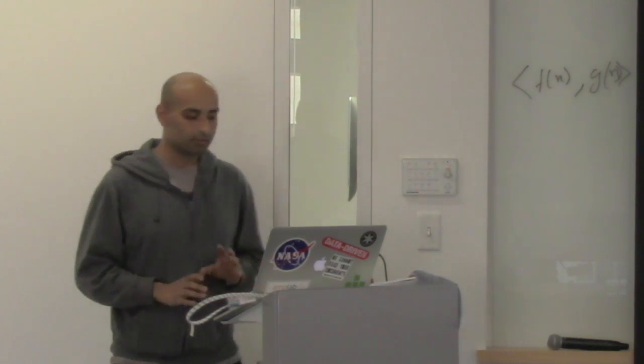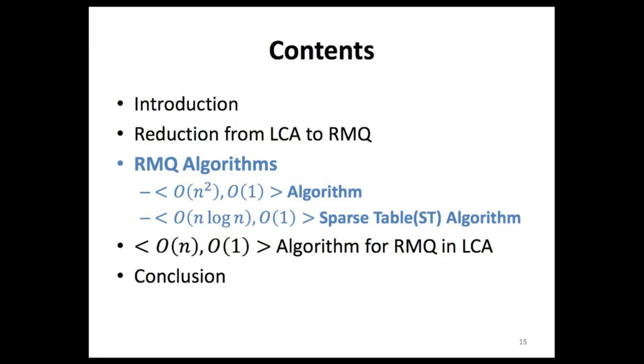So let's just worry about RMQ solutions from now on. The paper exposes us to 3 solutions, and we'll go over them one by one.